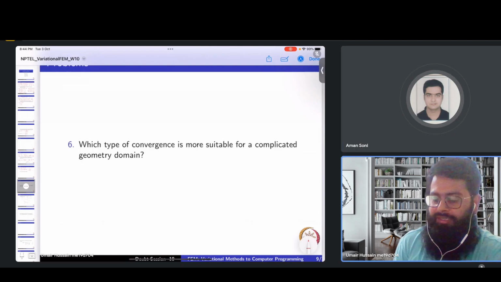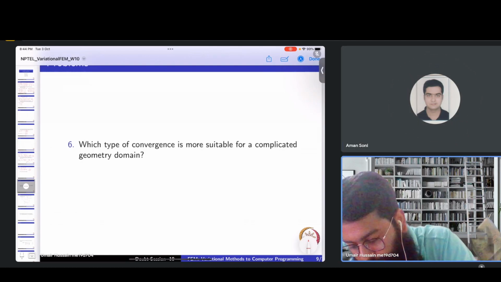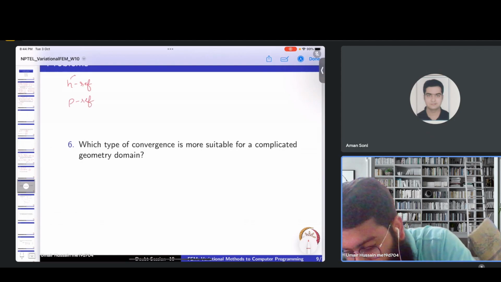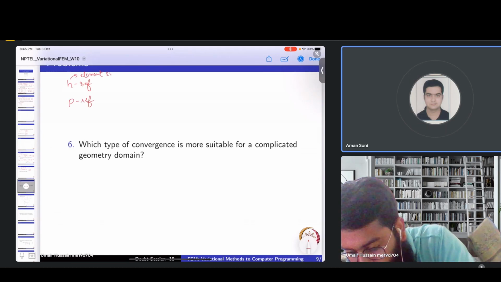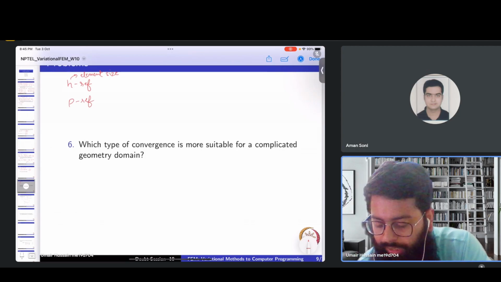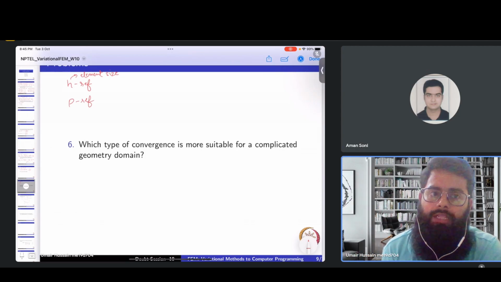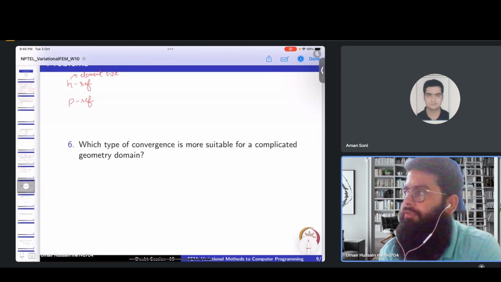Okay, it's fine. So basically, there are two types of convergence or refinement we do. One is H refinement, another is P refinement. H basically denotes the element size. So if we say that we are doing H refinement, that means we are refining the mesh in simple terms.